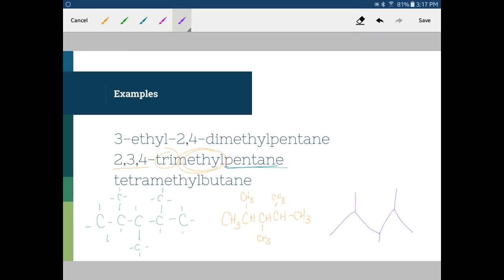So that is what I would get for my second example. Again, if you need to go through, count your hydrogens a little bit more carefully than I did, take your time, please do that. I'm just wanting to get through some more of these examples as we go through.